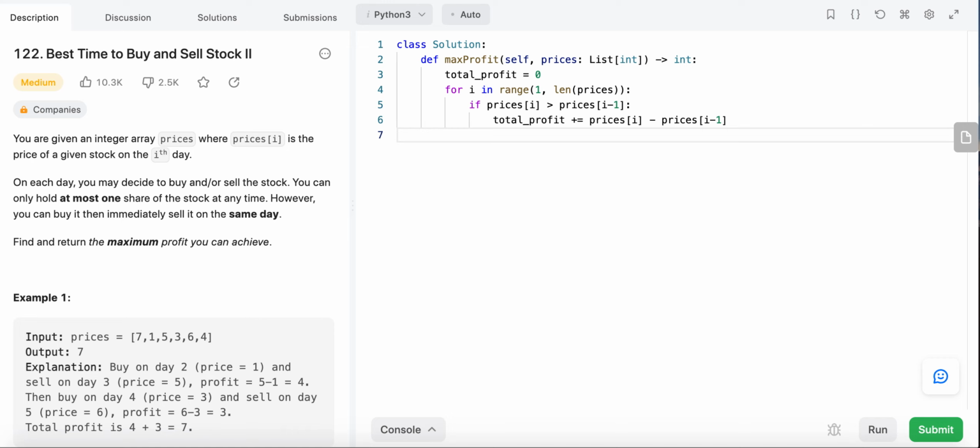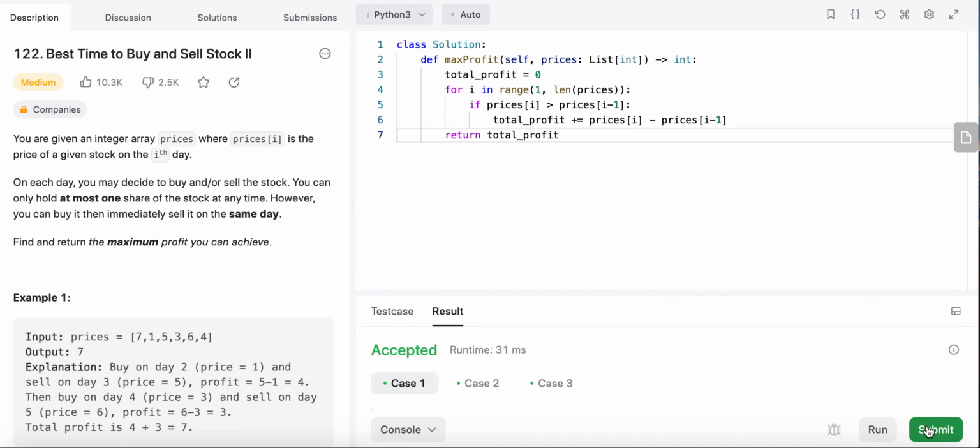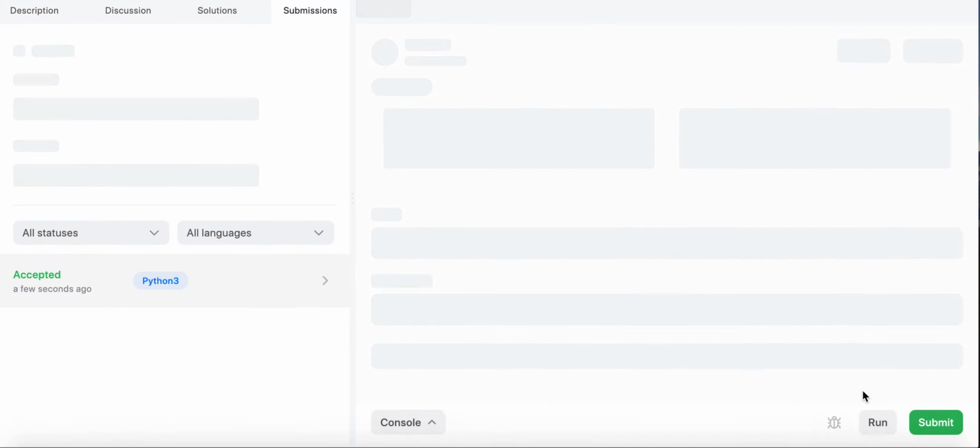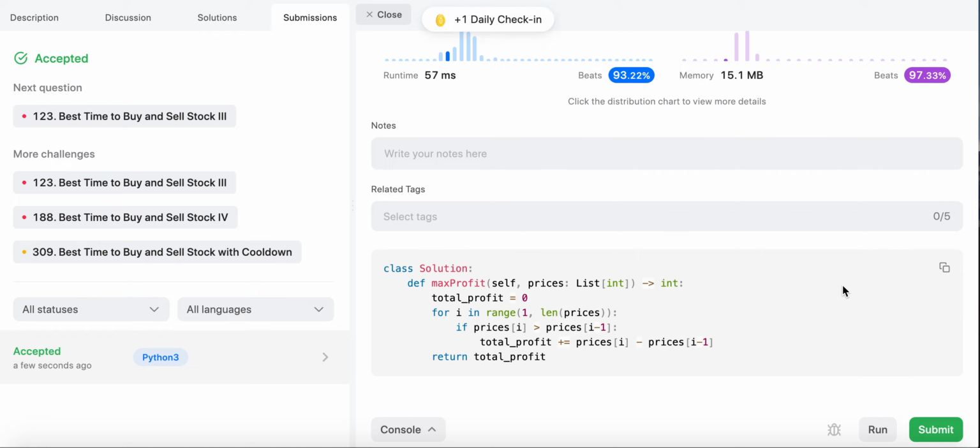Else, we are just not going to do any transaction. So in the end, let's just return the total profit. Let's try to run the solution. Okay, so this solution is actually pretty efficient.